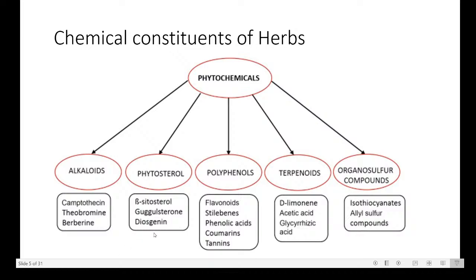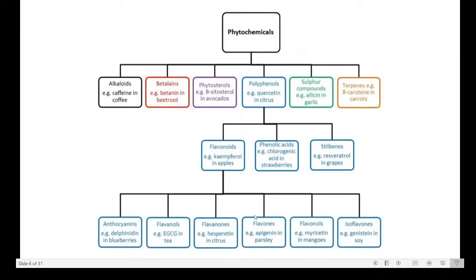Here I mentioned tannins, coumarins, polyphenolic acids, stilbenes and flavonoids, which are the sub branches of phenol. Terpenoids have some sub branches. Then, which plants have which phytochemicals, I mention those things here. I repeatedly put various classification graphs because this is just for your understanding.